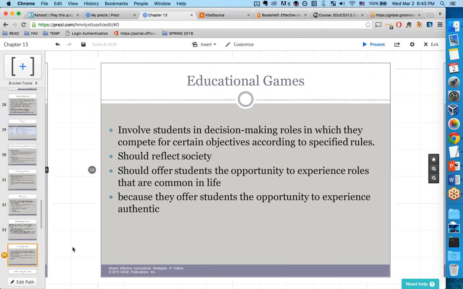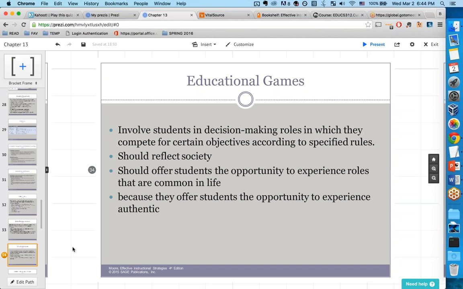Educational games, don't we love them, right? We love them and students like them too. So the main, I guess, benefit of educational games is that it really motivates students. Some games will be helping students to think critically and will help students to develop their imagination skills.